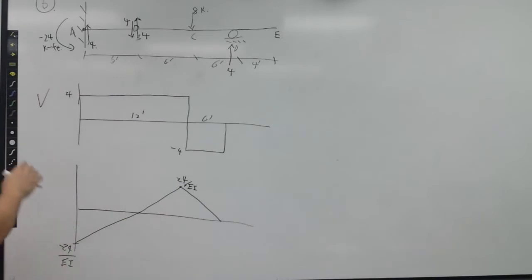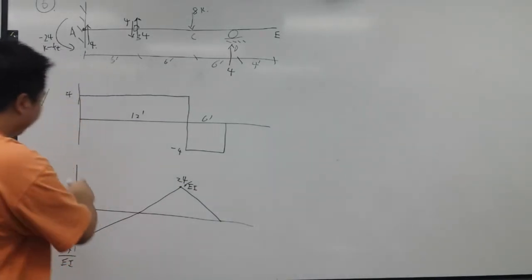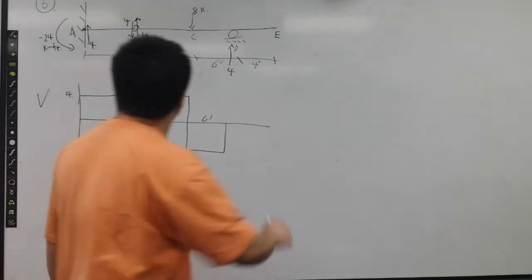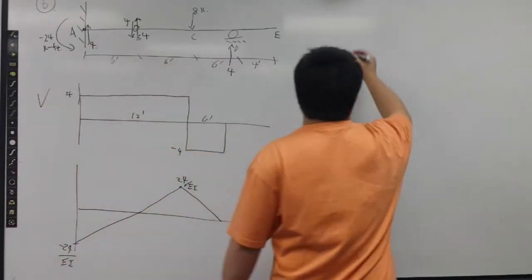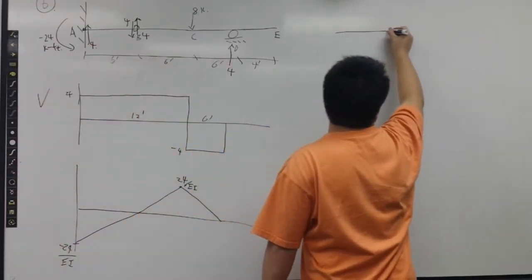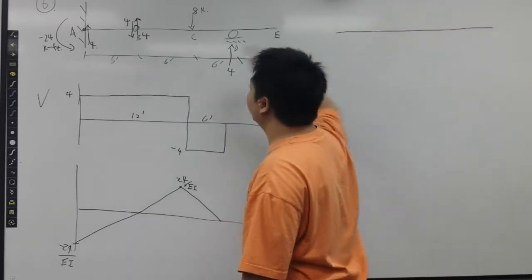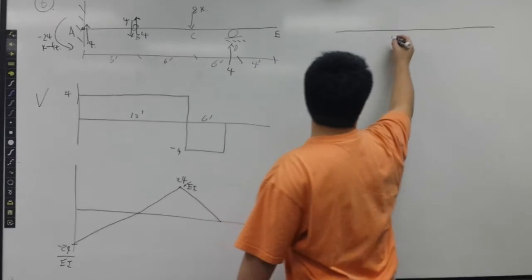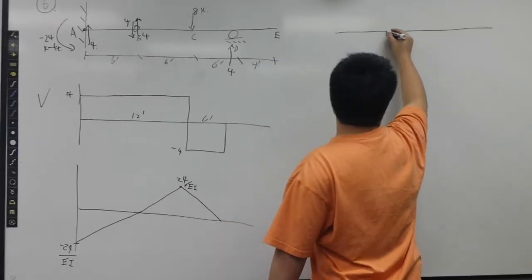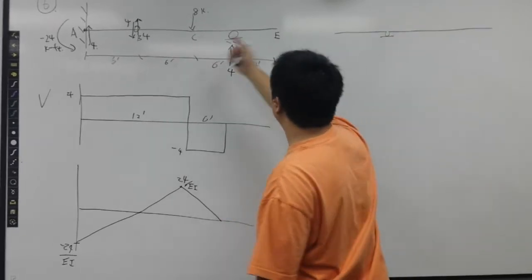Now we have to make this into a conjugate beam. Fix becomes free. Let me just draw this thing. Fix becomes free. Hinge becomes a support. Pull nodes, nothing.